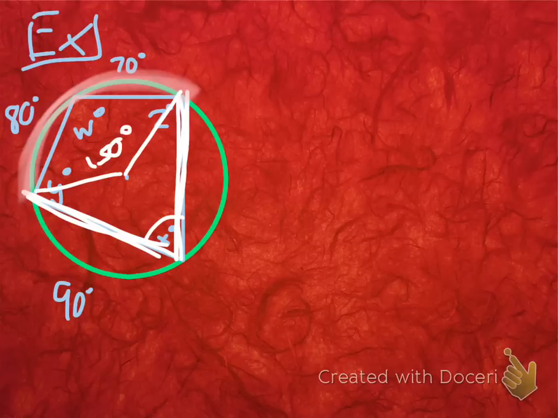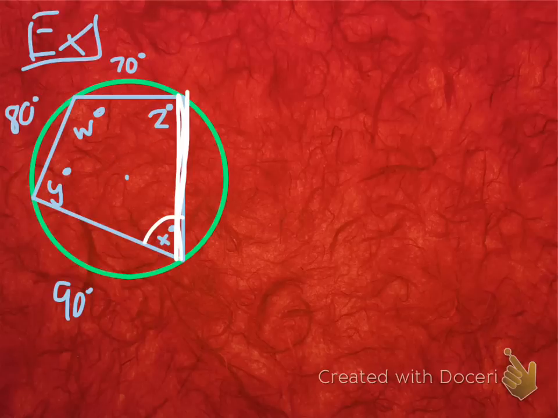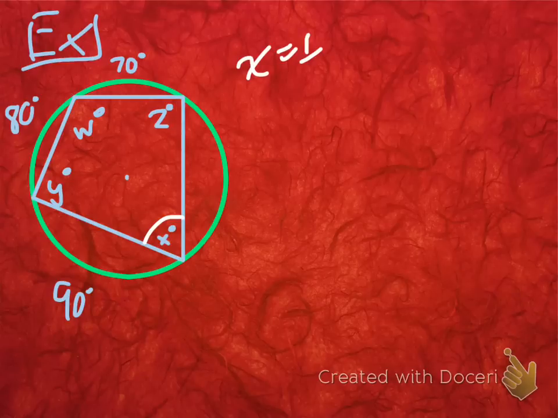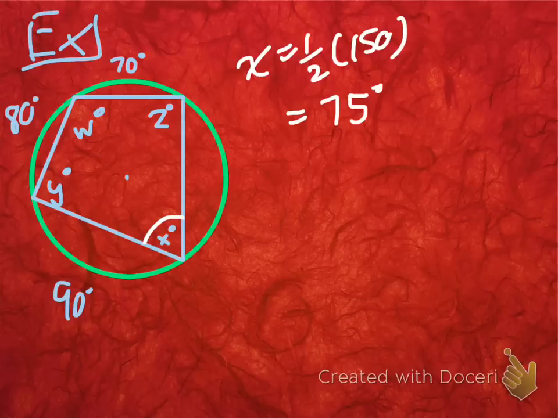Right? The central angle and the arc have the exact same measure, which means x is half of 150. So let me just clean up this picture for you a little bit. We would say that x is half of 150, which turns out to be a 75-degree angle. So x is 75 degrees.